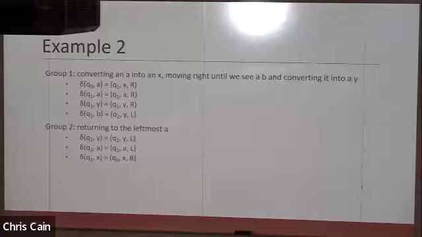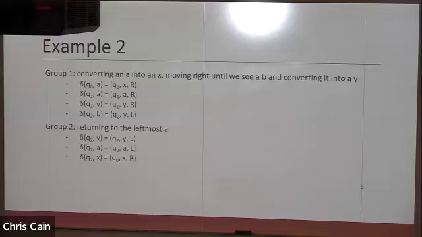What is right of the rightmost X? It's going to be the leftmost A. And that's going to put us back in that initial state Q0, where we're ready to convert that A into an X and move back right. So it gets us back to the initial position that we were in.